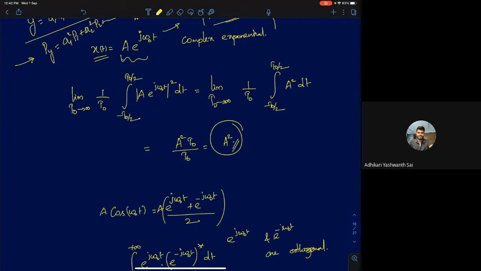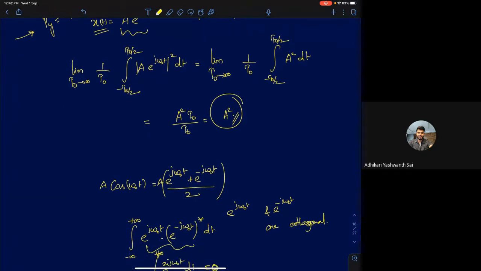Now, in the same way, you can define power for a cosine as well. A cos omega naught t can be expressed in terms of complex exponentials. A cos omega naught t can be written as a times e power j omega naught t plus e power minus j omega naught t, divided by 2.